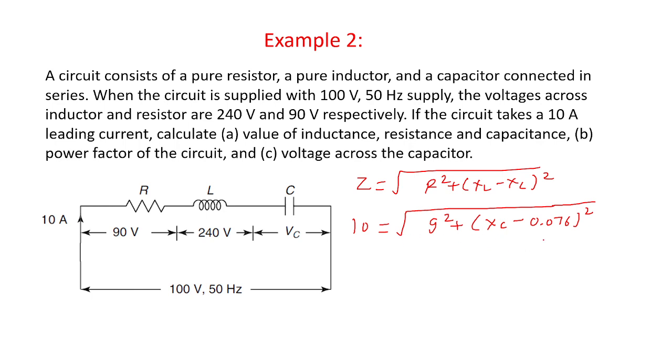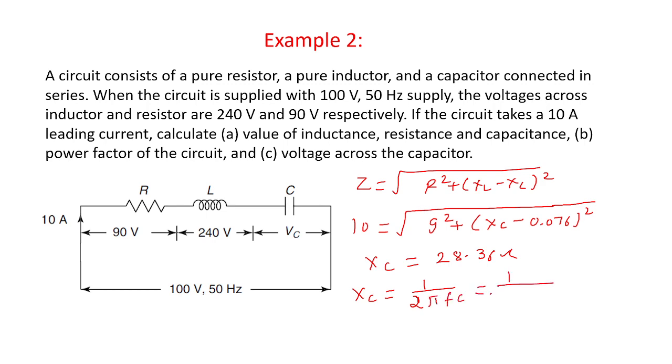So if we simplify these equations by taking the square of both sides, we can easily find the XC value, and XC can be calculated from this equation, that is equal to 28.36 ohm. And next part is the calculation of capacitance, that is 1 divided by 2 pi FC.